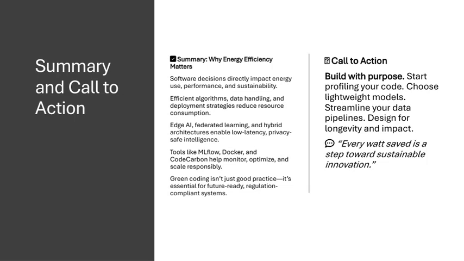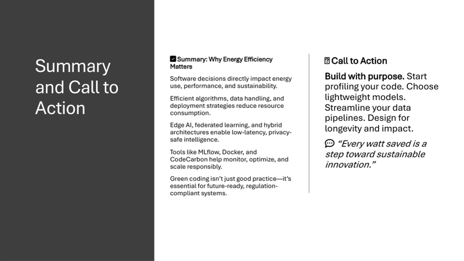Let's wrap up with a quick summary of why energy efficiency truly matters. The decisions we make around software have a direct impact on energy consumption, system performance, and sustainability. By choosing efficient algorithms, optimizing data handling, and deploying thoughtfully, we can significantly reduce resource use.